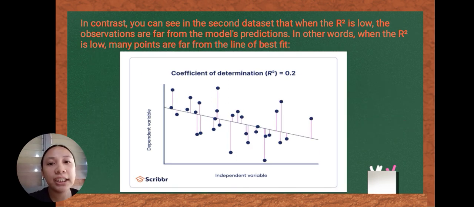In contrast, you can see in the second data set that when the R squared is low, the observations are far from the model's predictions. In other words, when the R squared is low, many points are far from the line of best fit.